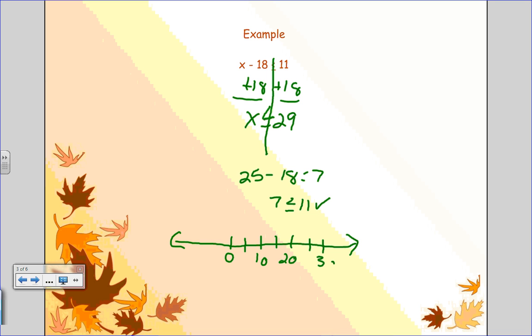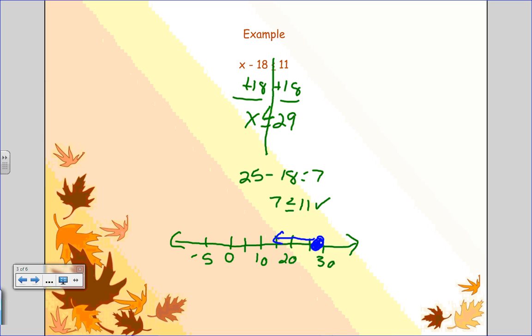Now, obviously, 29 is not going to be exactly on here. So all I have to do, I want 29. I'm just going to go right next to 30. Put my circle. It's a less than. Points to the left, so my arrow is going to point to the left. It does have the equals, so I'm going to color this in. And that's my graph of my solution.